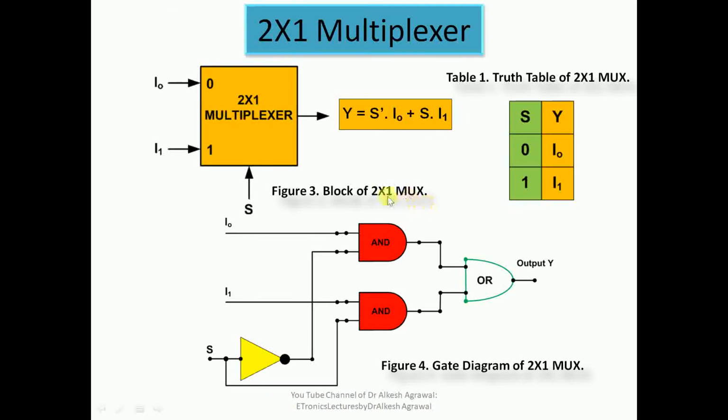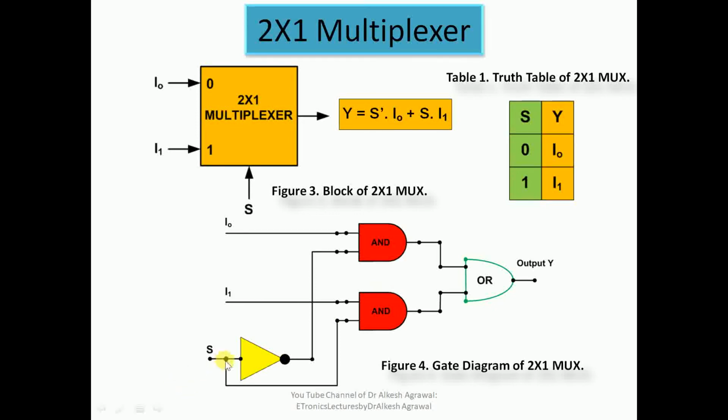Now we can see the functioning of this 2 cross 1 multiplexer with the help of this gate diagram. We have 3 gates: 2 AND gates and 1 output OR gate, because we have only one output. We have 3 inputs: 2 channel inputs I0, I1, and 1 selection input. This selection input makes this gate or this gate on or off.